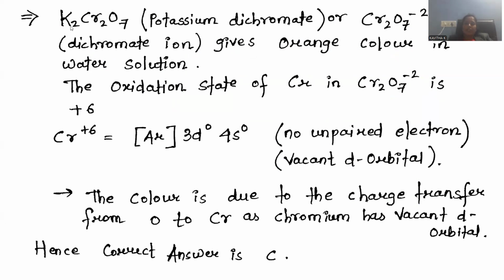A general description of potassium dichromate is provided. Potassium dichromate is abbreviated as K2Cr2O7, and Cr2O7 -2 is also mentioned. The dichromate ion gives an orange coloration in water solution. The oxidation state of chromium in Cr2O7 -2 is +6. Chromium is a transition metal and a d4 system.